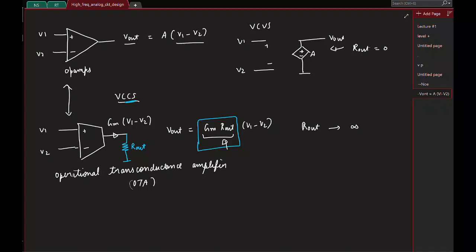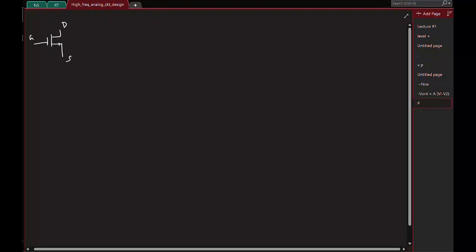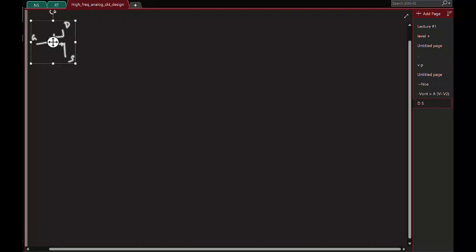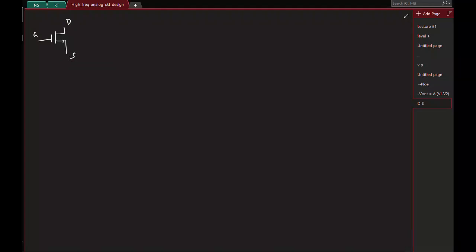The reason realizing a voltage controlled current source is easy is because the active devices we have are all MOSFETs, and I'm sure these are familiar to you. The terminals are gate, drain and source, and we usually bias the transistors in the saturation region, because that's where you get the maximum intrinsic gain.